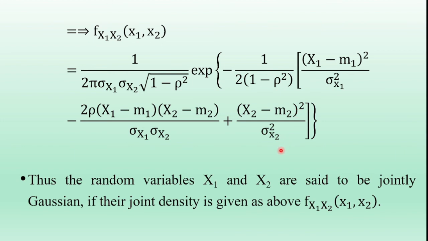The random variables x1 and x2 are said to be jointly Gaussian random variables if their joint density function is as shown in the above expression. This is the joint probability density function expression.